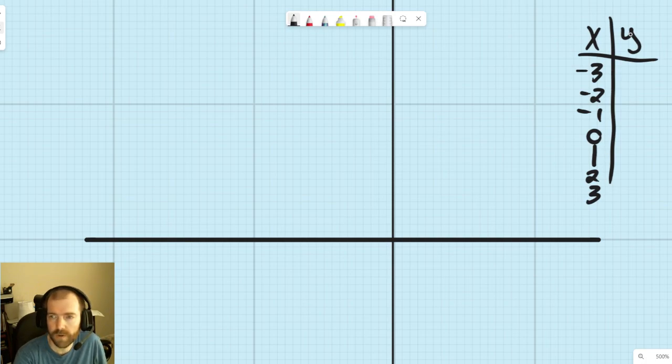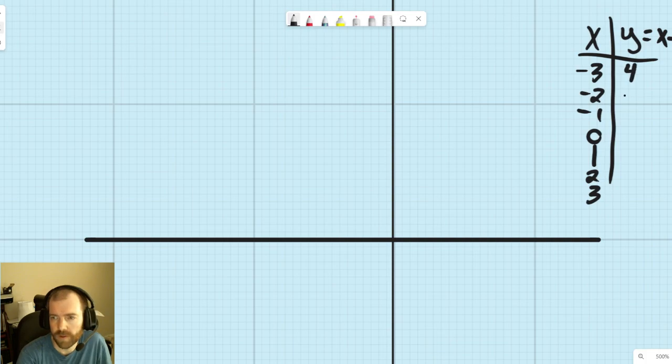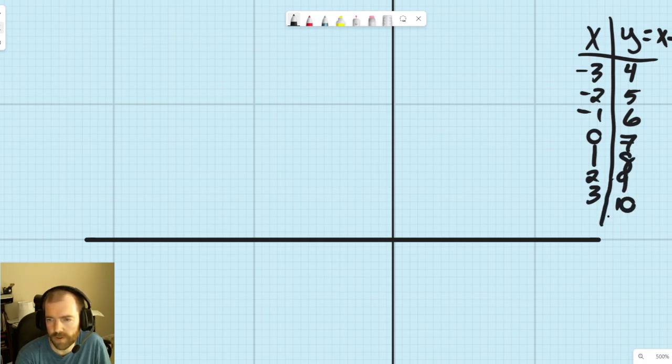And then here we say we're going to take all of those x values and add 7 to them. So -3 plus 7, we're going to get 4. -2 plus 7, we're going to get 5. -1 plus 7, we get 6, 7, 8, 9, and 10, corresponding to the same x values on the other side. So where does that put us?